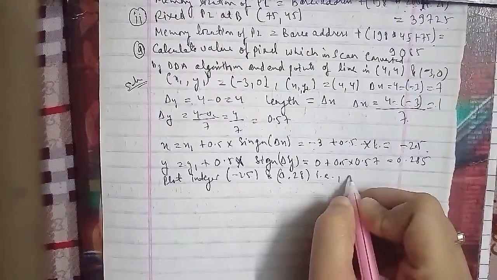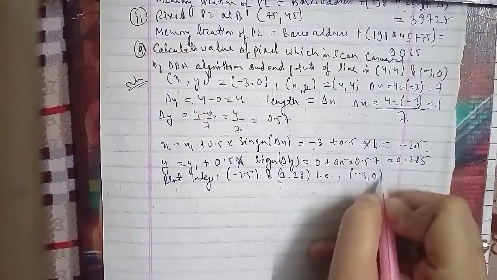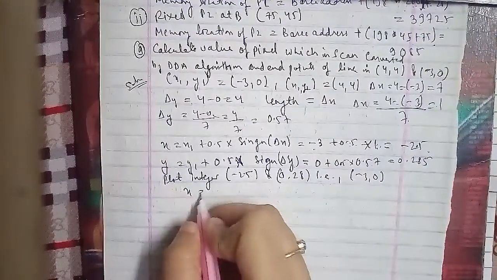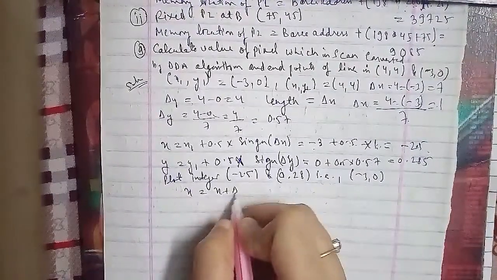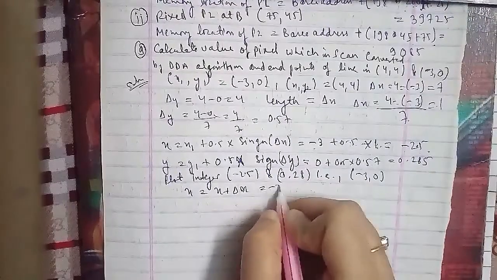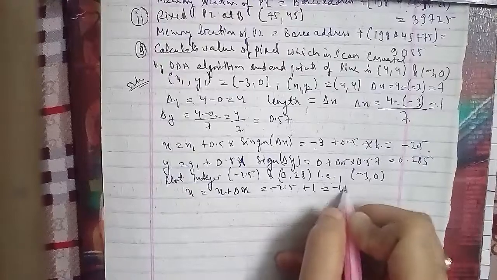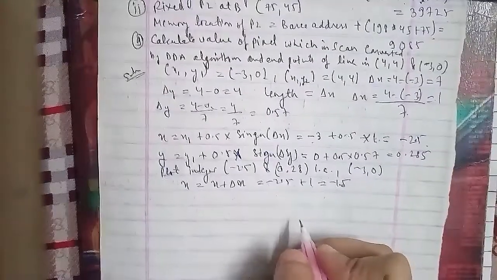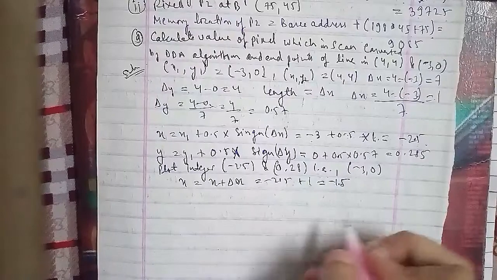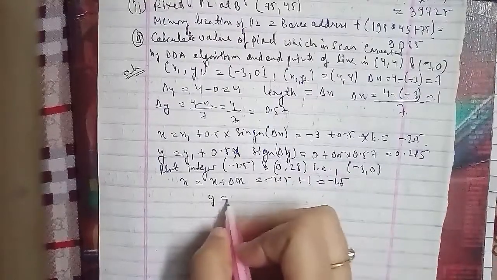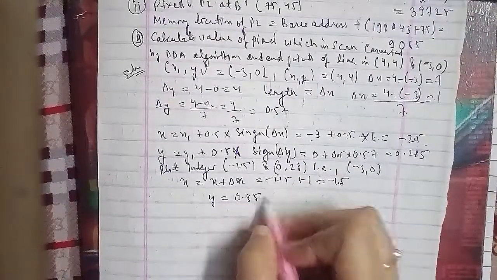So x equals x plus delta x equals minus 2.5 plus 1, which equals minus 1.5. And for y equals 0.85 plus 0.57, which equals 1.42.